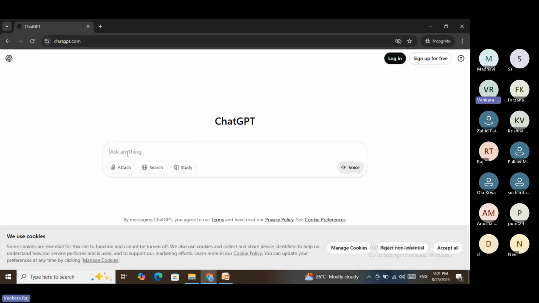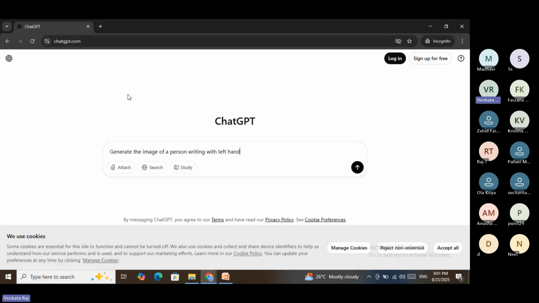See, all of you, generate the image of a person writing with left hand.